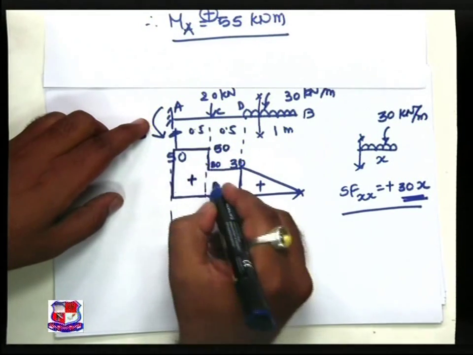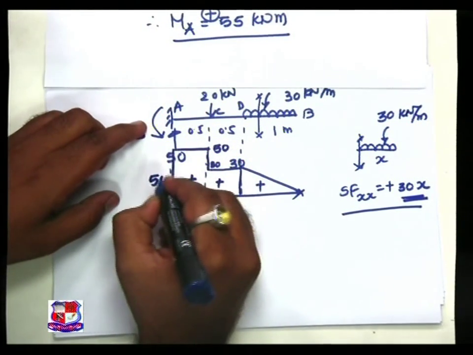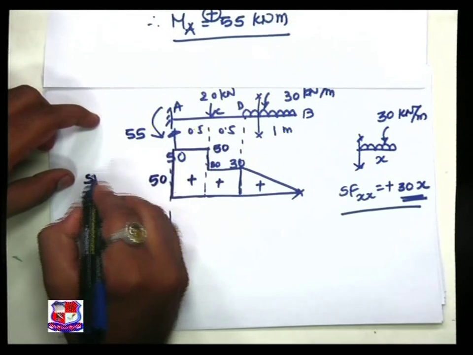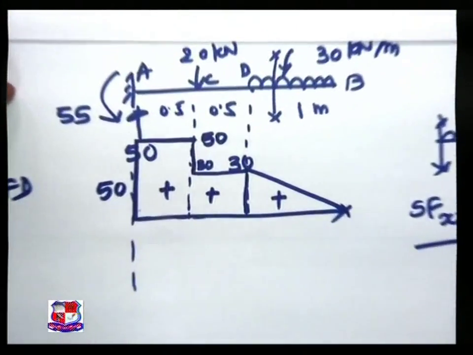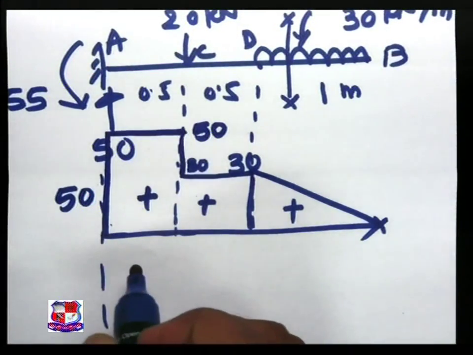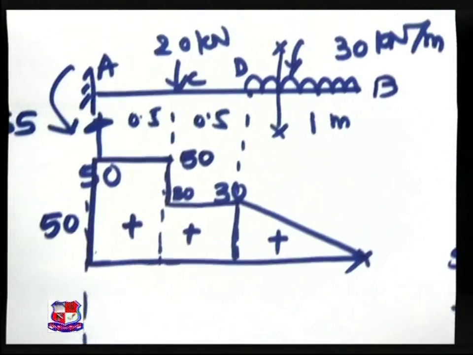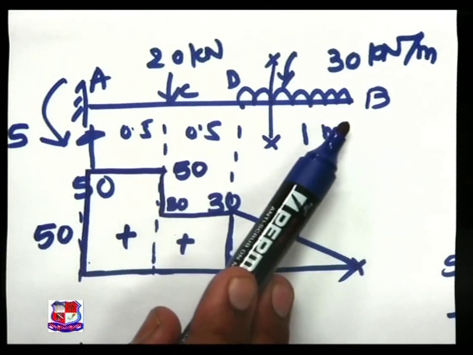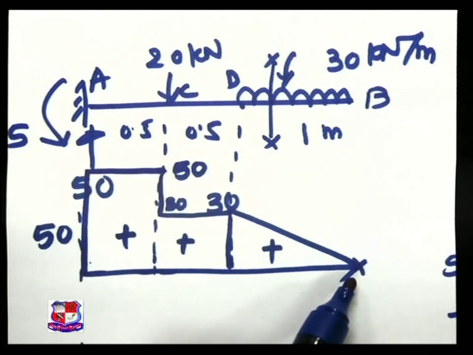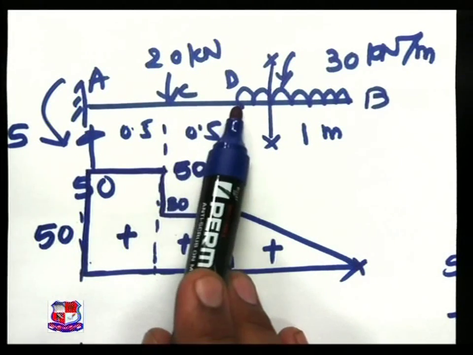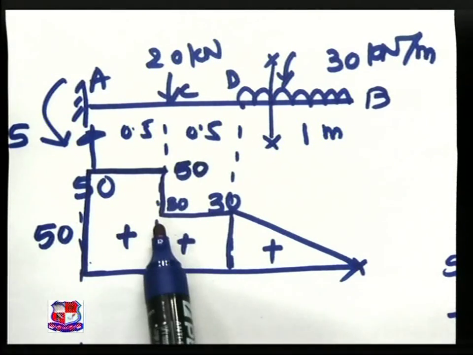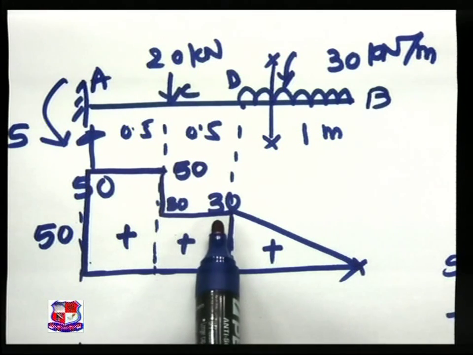So this is our shear force diagram. Visualize carefully. See, UDL variation is given by an inclined straight line. Between two loads, where there is not a single load, the variation is given by a horizontal straight line.